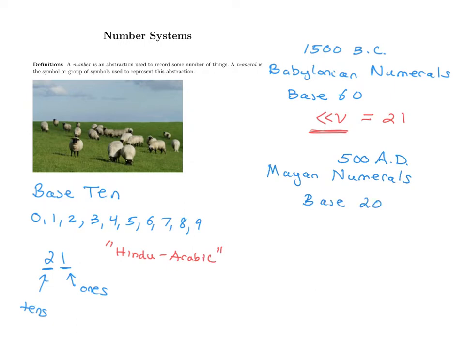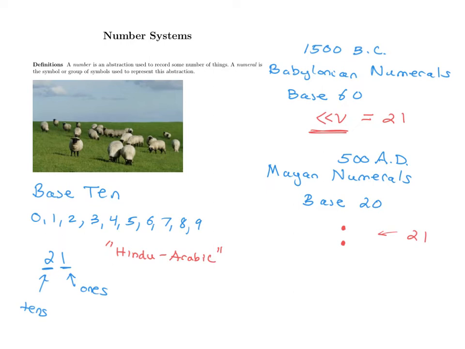And that means they had 20 symbols starting at 0 going up to 19, and they went from there. Their number system was different because instead of writing numbers in a horizontal line, they'd write them vertically. So the way that they would represent 21 in this case would be 1 dot here and the 1 directly above it. And this is the same thing as saying 21.